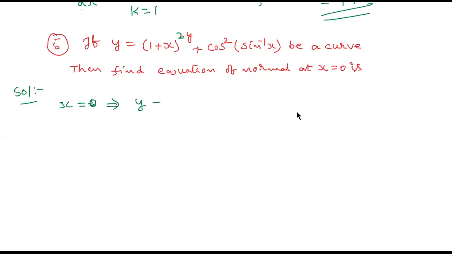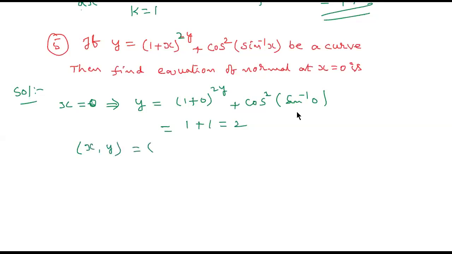Substitute: y is equal to 1 plus 0 whole power 2y plus cos square sine inverse of 0. 1 power 2y, that is 1. Sine inverse of 0, 0. Cos 0, 1. So we get the point. The point is x comma y is equal to 0 comma 2.